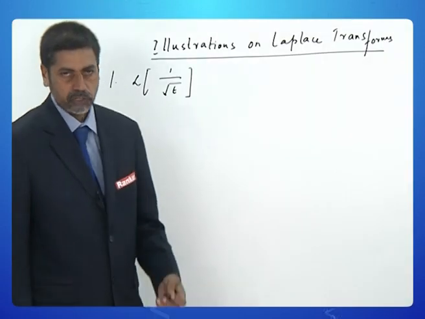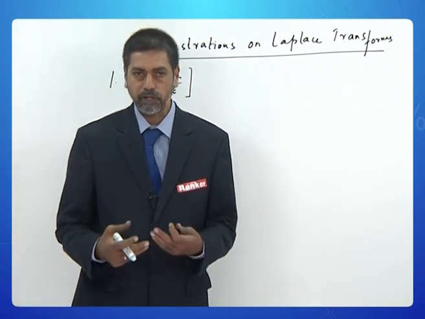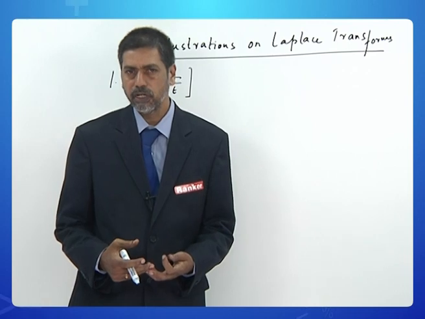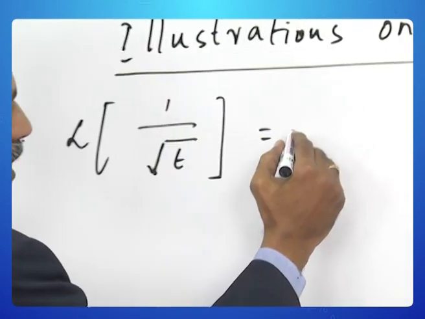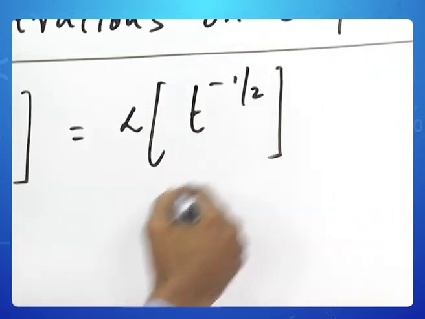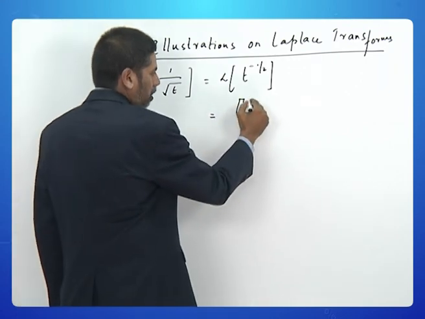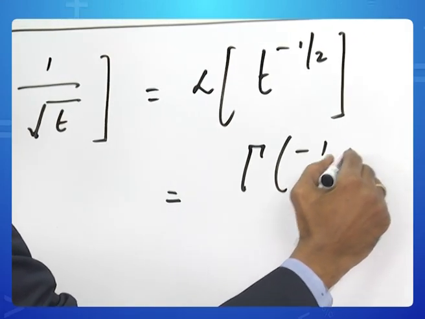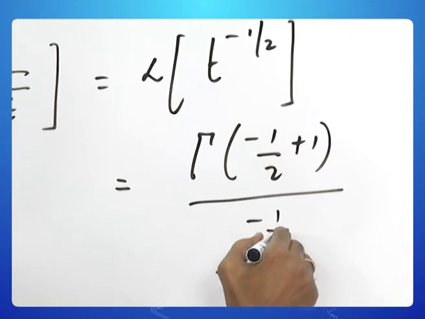I know every BTech student can do this problem, but let us see how we can do it using a gamma integral, for example. Now we can write this as Laplace transform of t power minus half. Refer the tables, and you will write gamma of minus half plus 1 by s to the power of minus half plus 1.